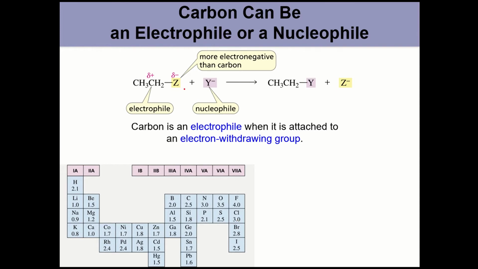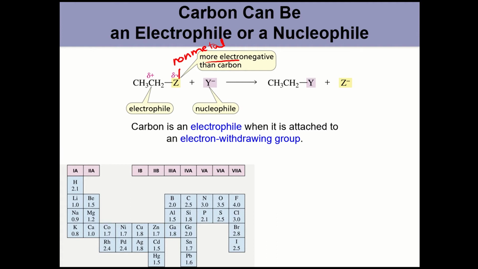So what does that mean? If you have this Z group, which is a nonmetal, and it is more electronegative than carbon, this attached group is going to get a slightly negative charge.